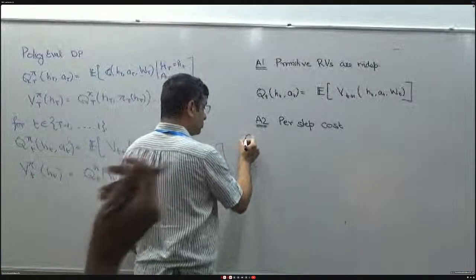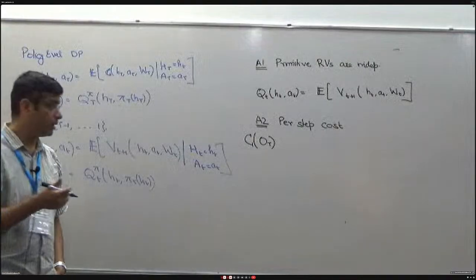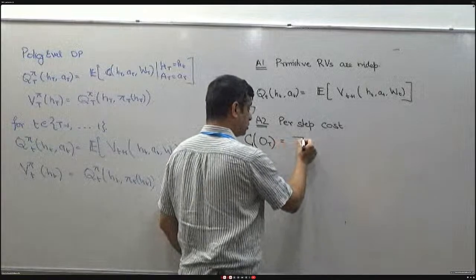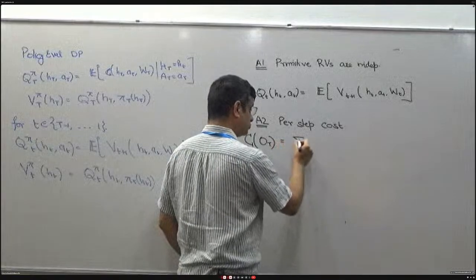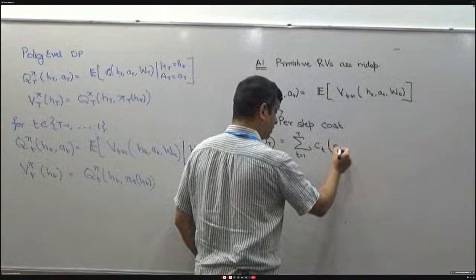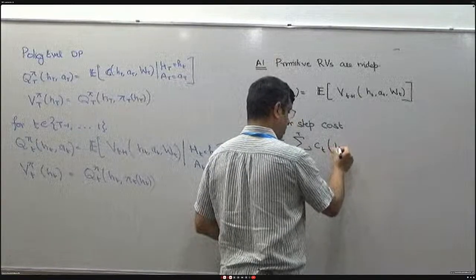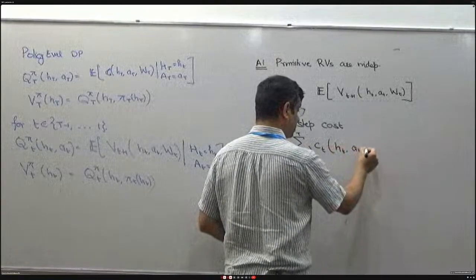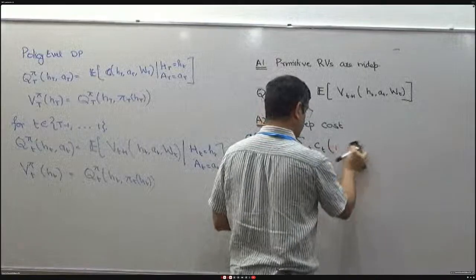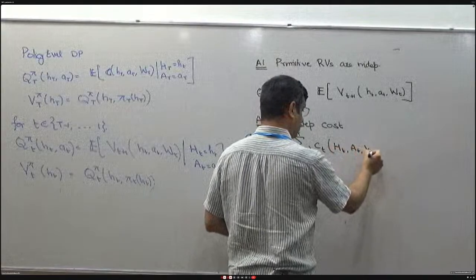What I'm saying is, suppose the cost which depended on the outcome at time t can be written recursively as cost which is incurred at each time, and I'm going to say that this is equal to sum of some function, t equals 1 to capital T, of cost which can change over time of the history at time t, action at time t, and so I should use capital variables because I've used capital on the other side, history at time t, action at time t, and possibly noise at time t.